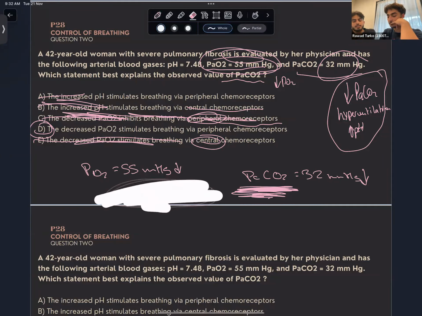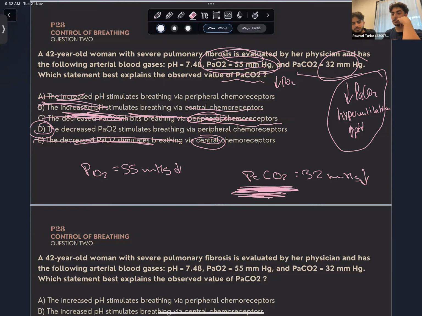The woman has fibrosis, so I think that's a pretty good hint that they're trying to ask about what is going on with O2 to cause what's going on with CO2. Yes. So the thing you should be looking at is not the pH, because the pH comes after.